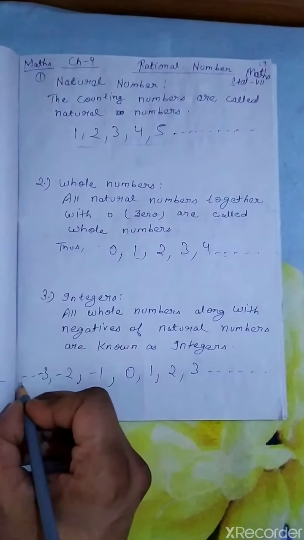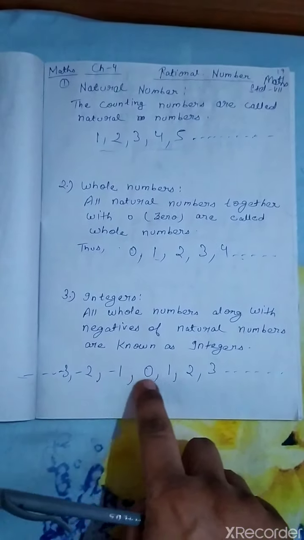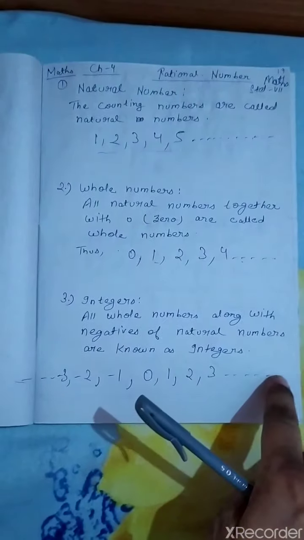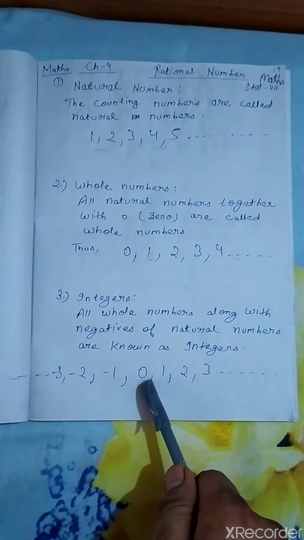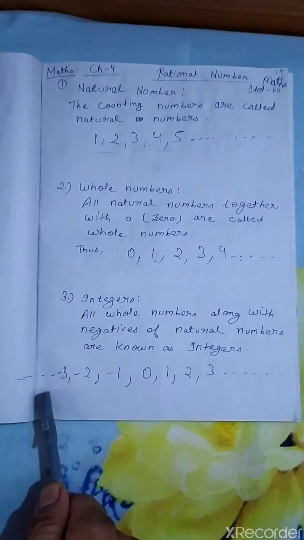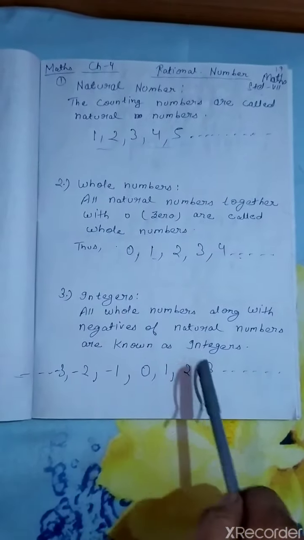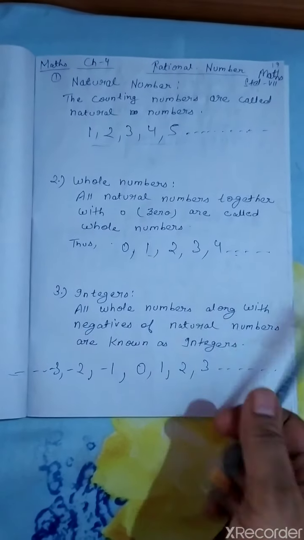On the left side also it goes to infinity. This collection is known as integers, where whole numbers and the negatives of natural numbers are included.